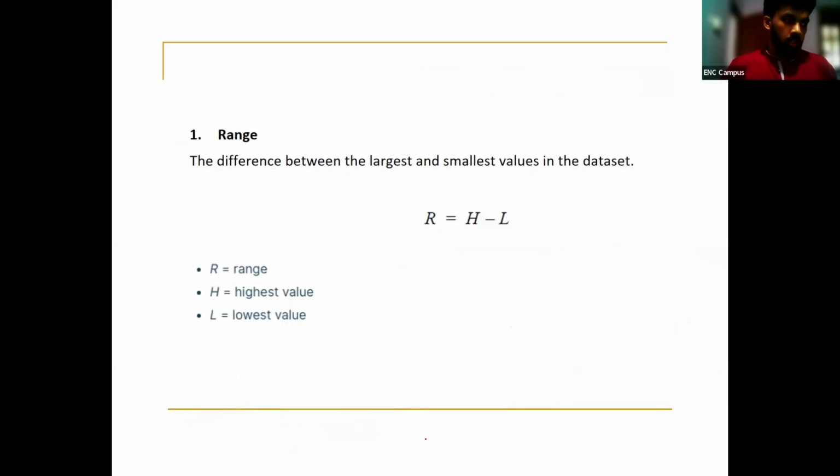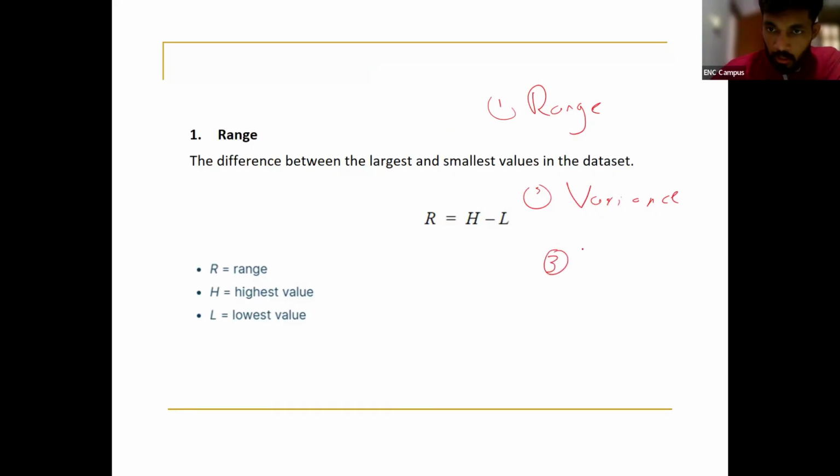So there are three measures of variability or dispersion. First one is range, then variance, and third one is standard deviation.